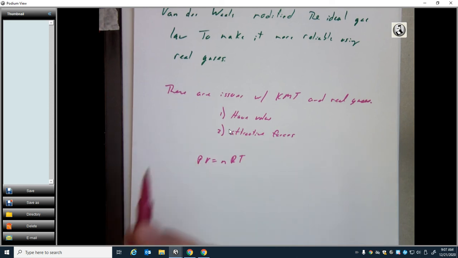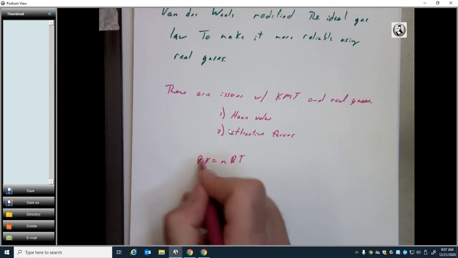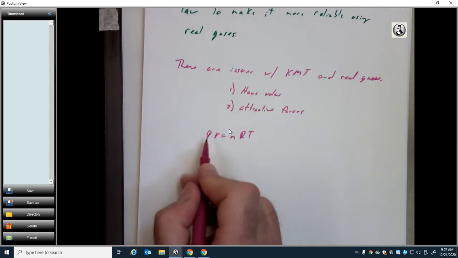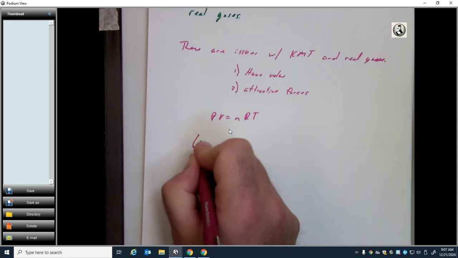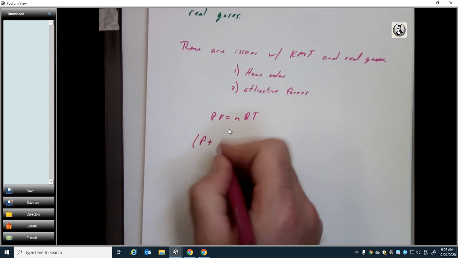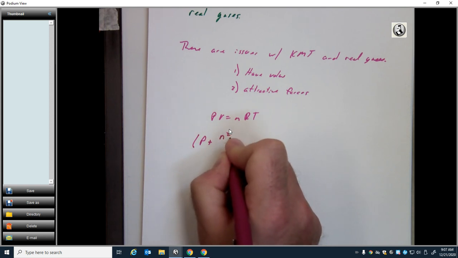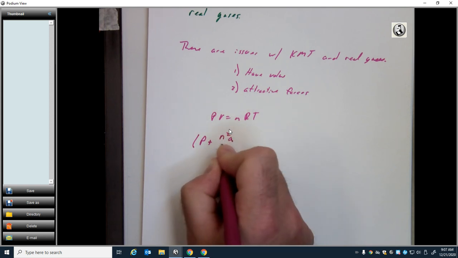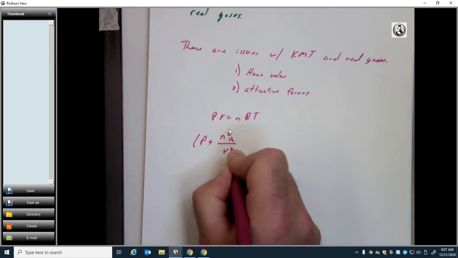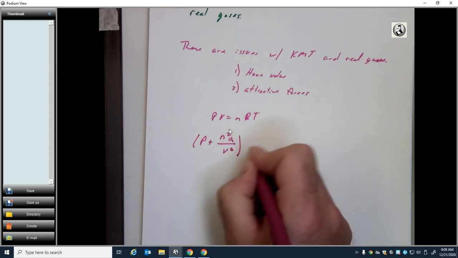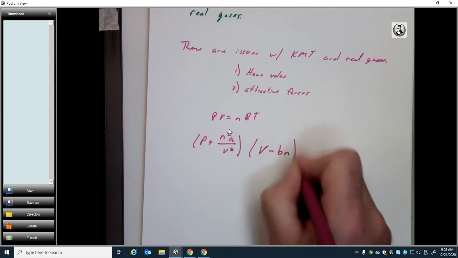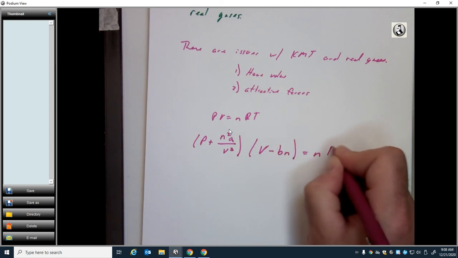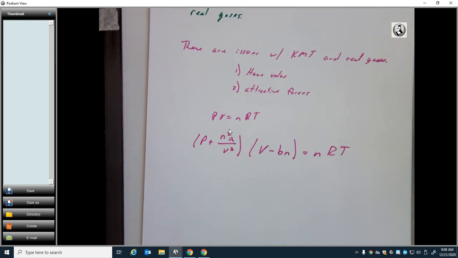And when we're talking about pressure, those attractive forces play a role in that pressure. So what he did is he took this equation and he changed it to this: pressure plus n squared A divided by V squared, times V minus Bn, equals nRT.